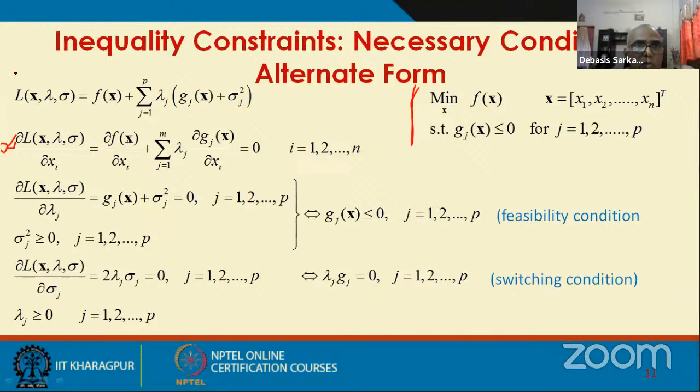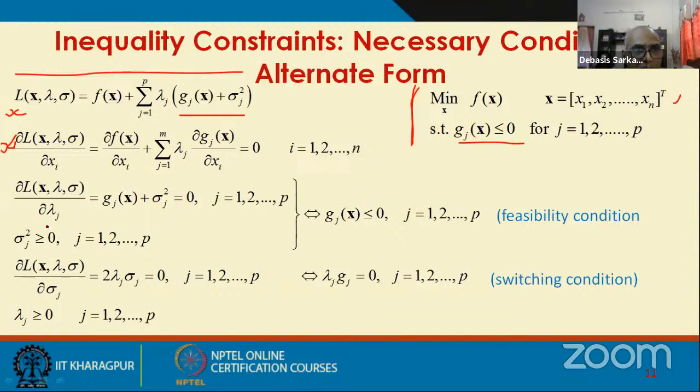Before that, you of course form the Lagrangian. Note that g less or equal to 0 has been converted to g equal to 0 by adding these slack variables. And then we have just seen that the optimality conditions will be the gradient of this Lagrangian equal to 0, which will be basically written as del L del xi equal to 0, i equal to 1 to n.